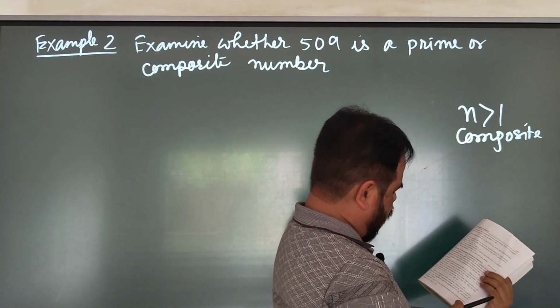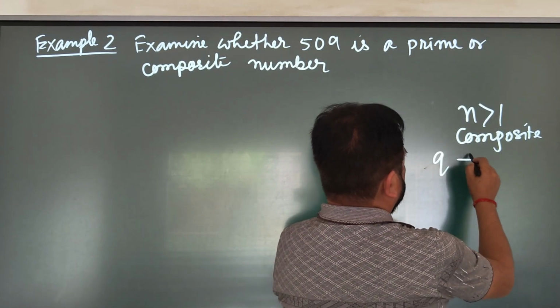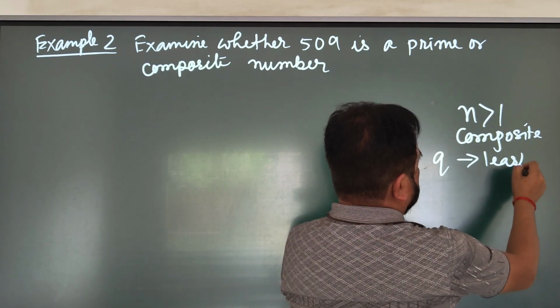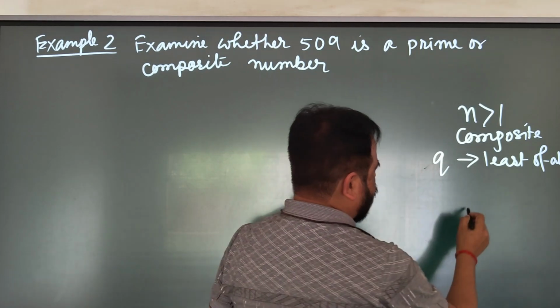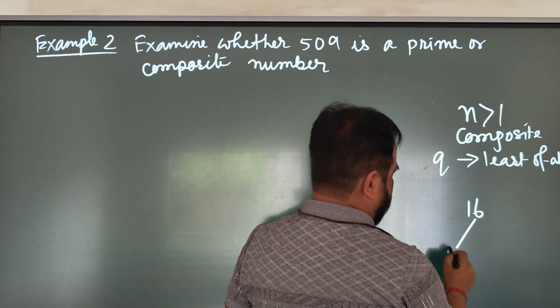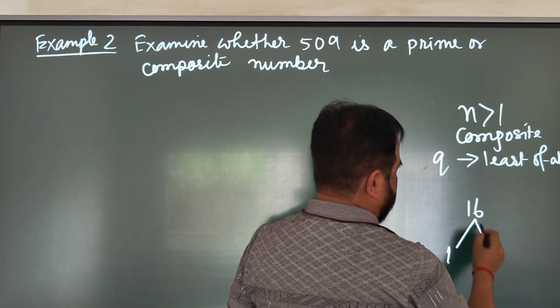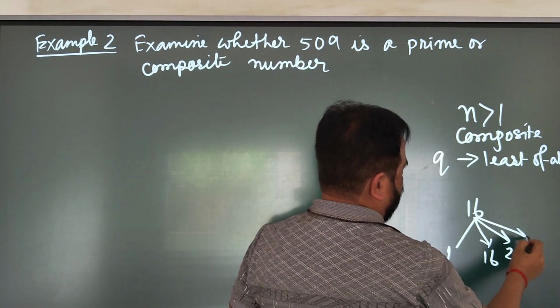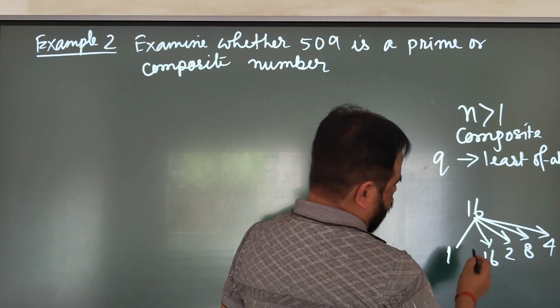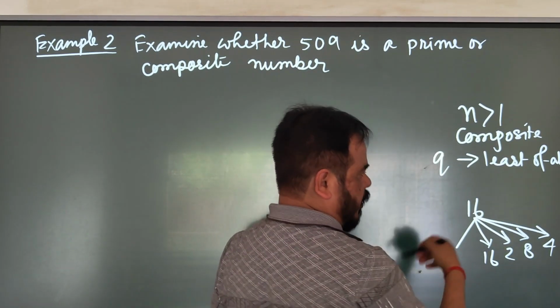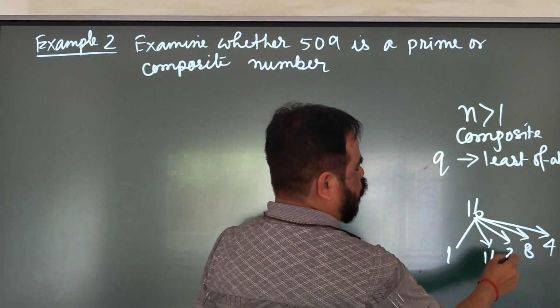And let q be the least of all divisors. The list of all divisors means, suppose 16: 1, 16, 2, 8, 4. So these are all factors, no? Or divisors. 1, 16, 2, 8, 4.